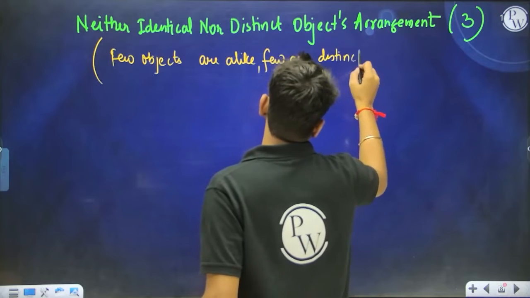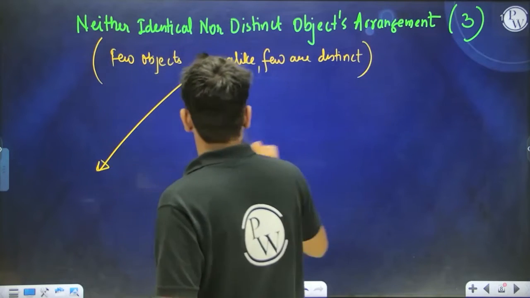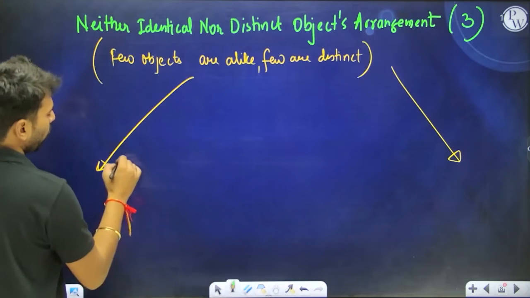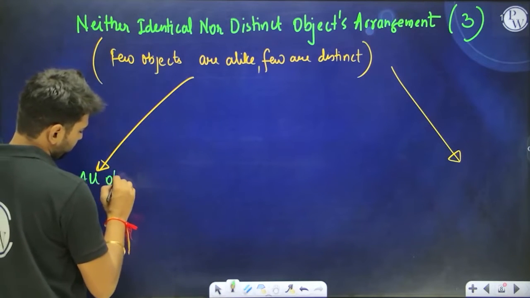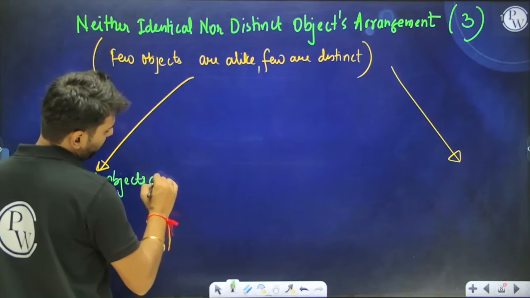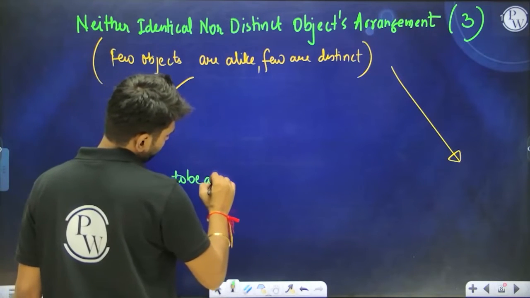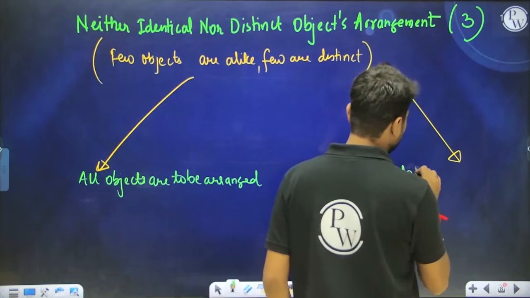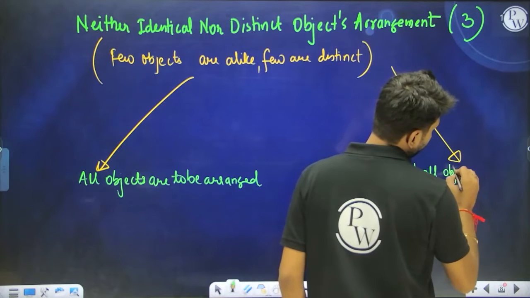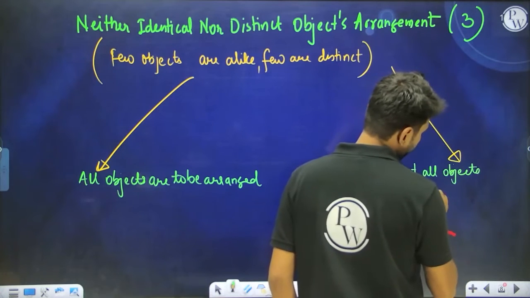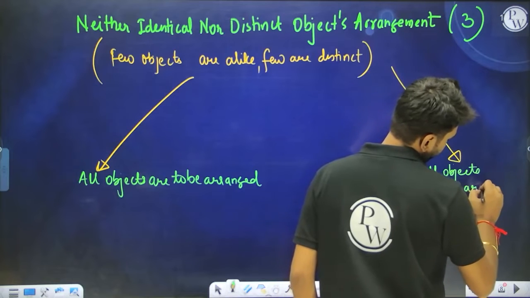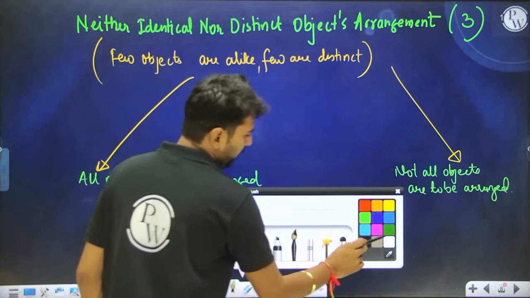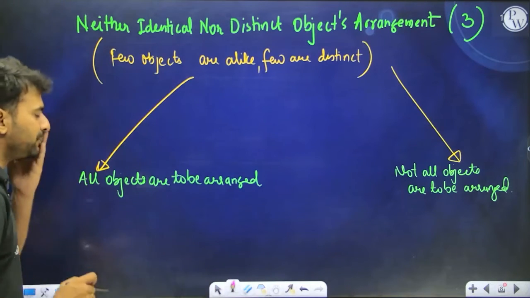Let me tell you that over here 2 kinds of cases will form again. One case is when all objects are to be arranged, and another one is the way in which not all objects are to be arranged. I will talk about this, don't worry. Over here, let me give an example so that you can understand better.